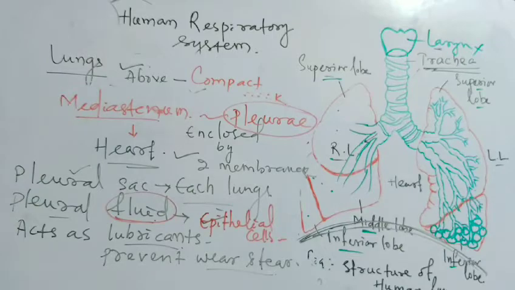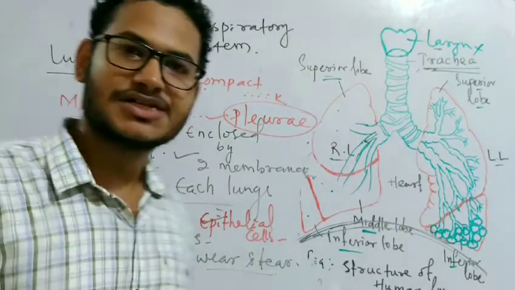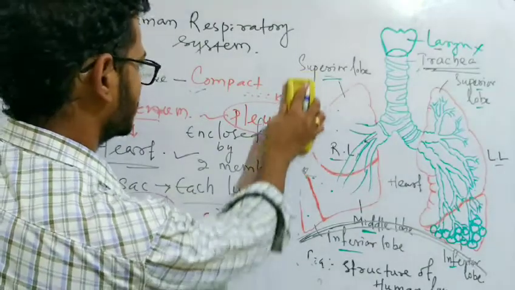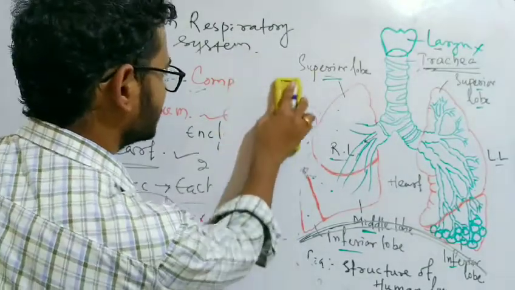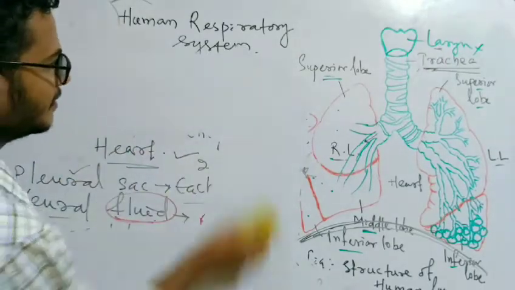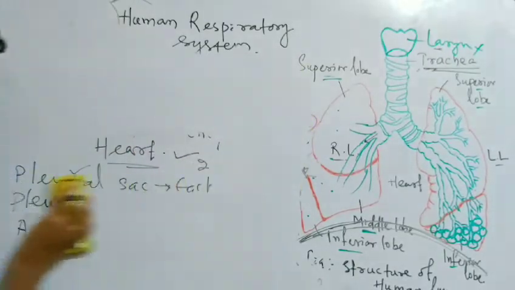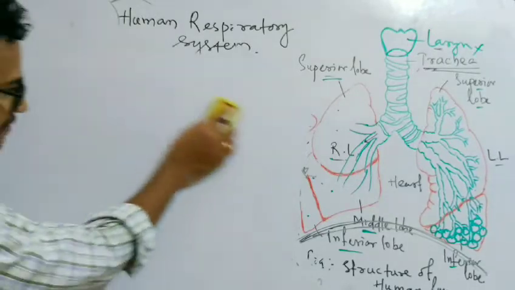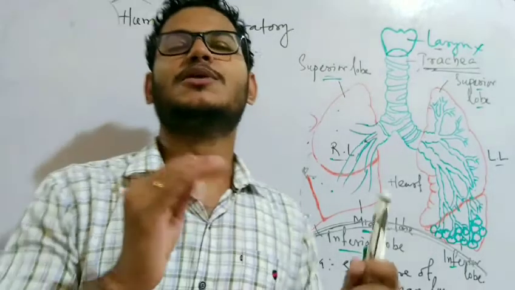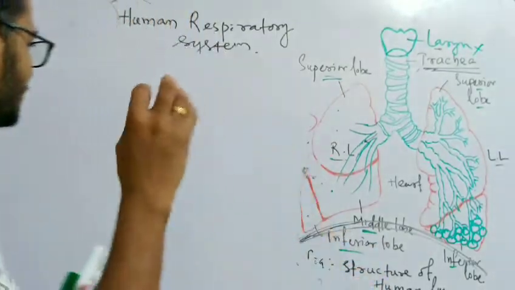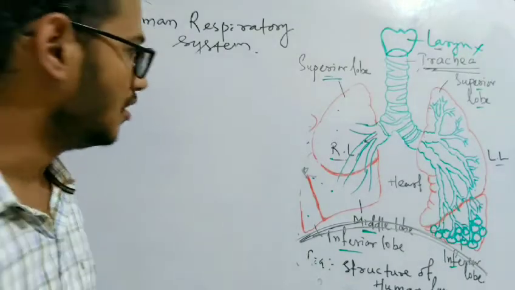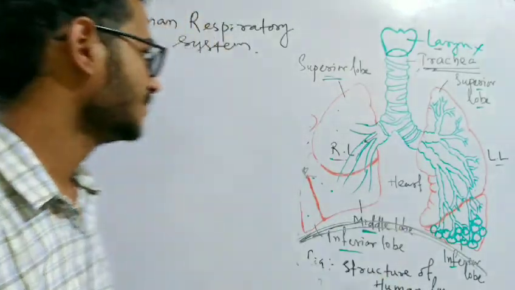Now we will move on to the detailed structure of the lungs, the external as well as the internal. So this is how the lung is protected in the thoracic cage, how the pleural fluid is present in the pleural cavity in between the two pleural membranes, and it avoids the wear and tear or any damage of our lungs.